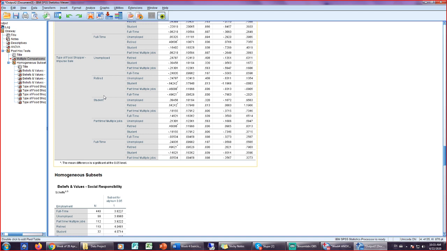So let's say that you're trying to get more people to shop overall, and think about this as a conclusion: you actually have a pretty fair shot of putting up random sales in your store to improve sales when you're talking about most people. Students and people who are employed at all are much more likely to be impulsive sale shoppers than folks who aren't employed, because if you take a look at this, the one that isn't statistically significant is the retired to unemployed comparison.